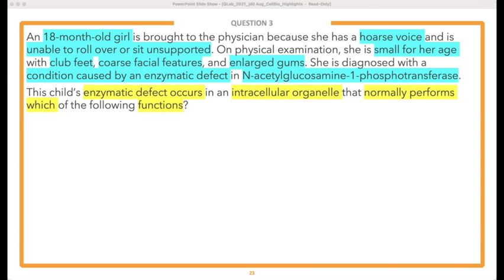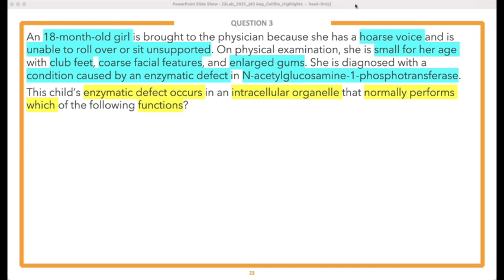They told us what the condition is caused by, but maybe first let's figure out what that condition is. 2, what is the organelle involved in that condition or that defect? And then 3, what is a function normally done by that organelle? So I think 1, the condition, 2, what's that organelle, 3, what is the function of that organelle?